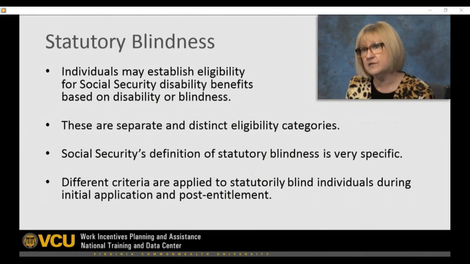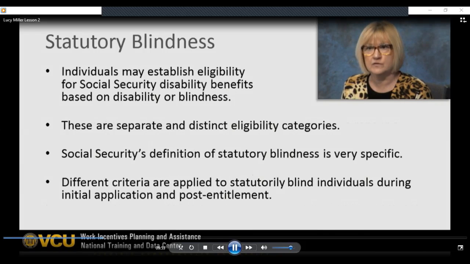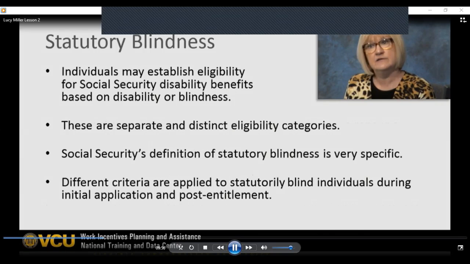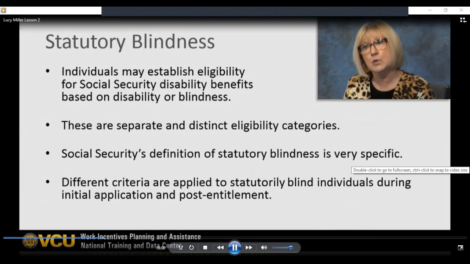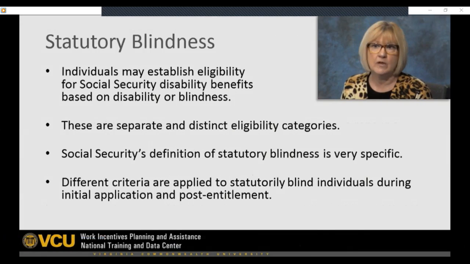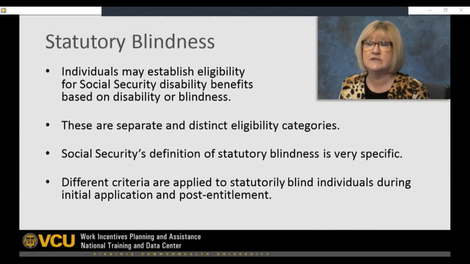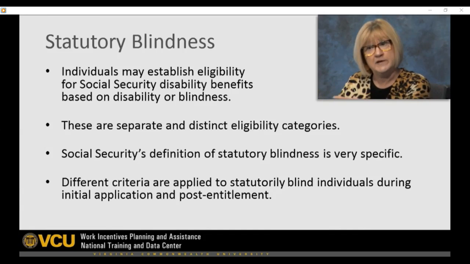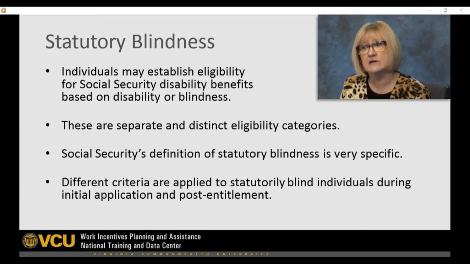So something else that's interesting about Social Security policy that you may not have realized is that Social Security makes a distinction between people who qualify based on a disability and then people who qualify based on something they call statutory blindness. It's not just one disability, it's very separate and distinct.